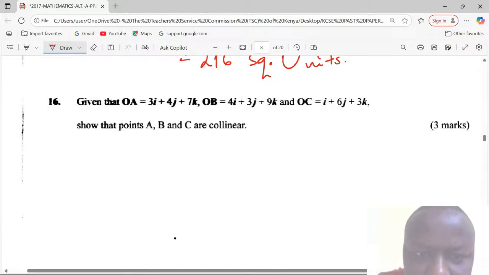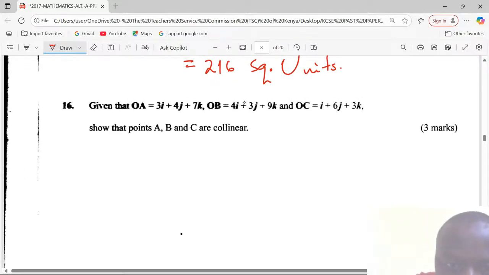The scanning there was not very careful, but I will assume it's a plus, and also a plus at this point. Then OC equals i plus 6j plus 3k. We shall confirm whether it's a plus or a minus.